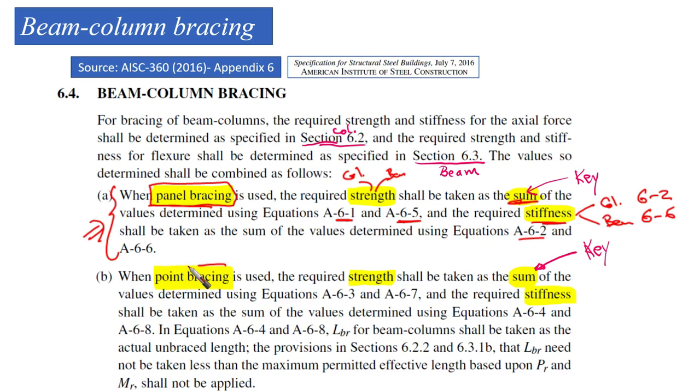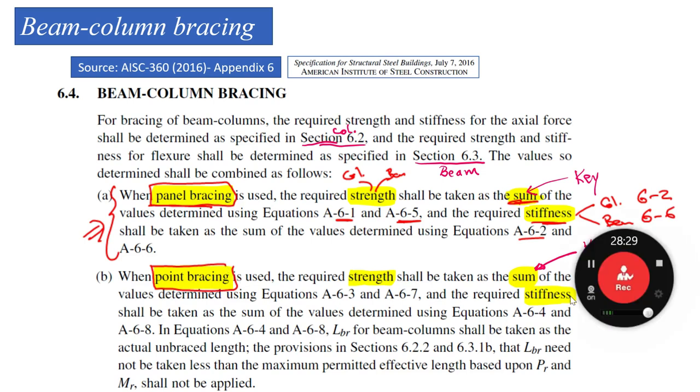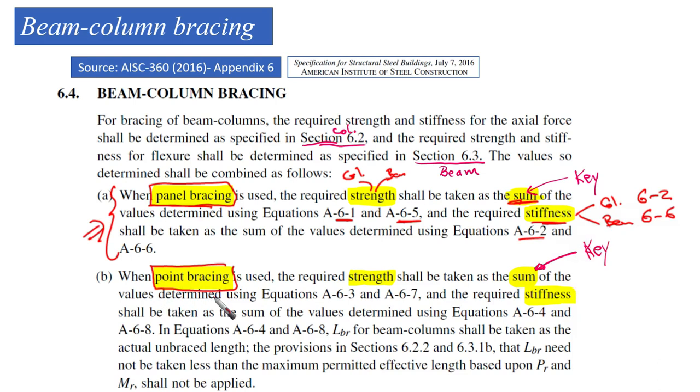Now let's go to the second part, which is point bracing. For point bracing, the required strength shall be taken as the sum, the same also. We have column and beam.